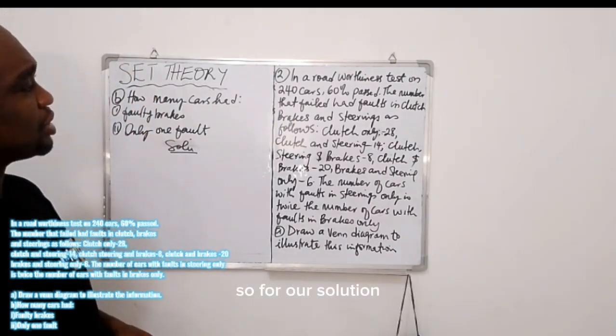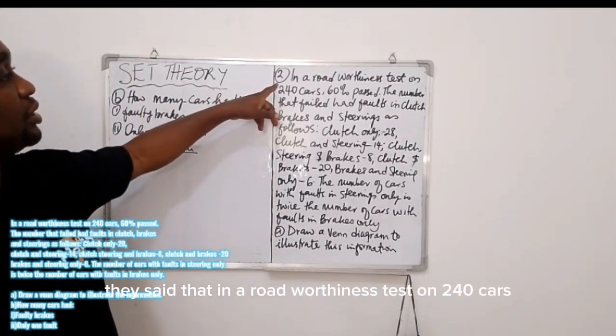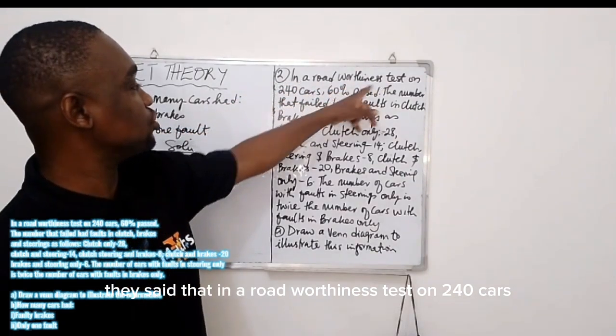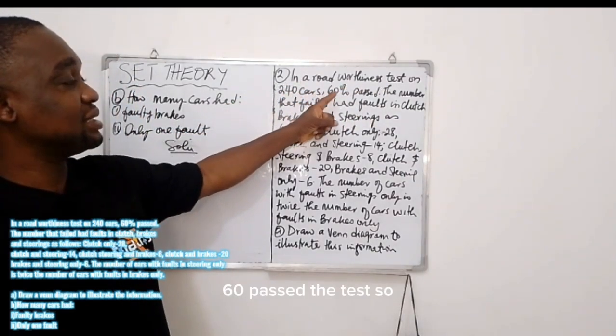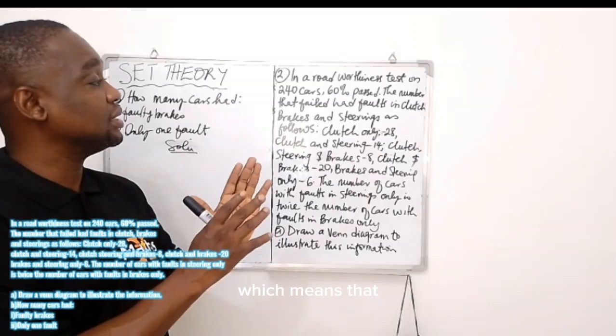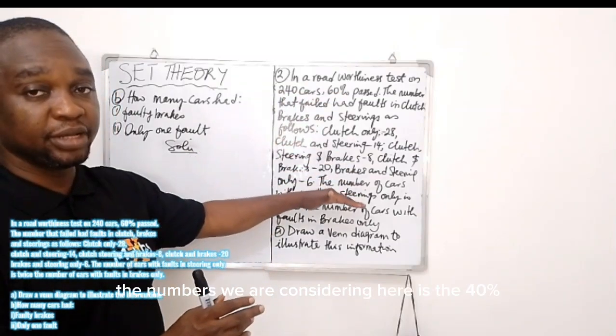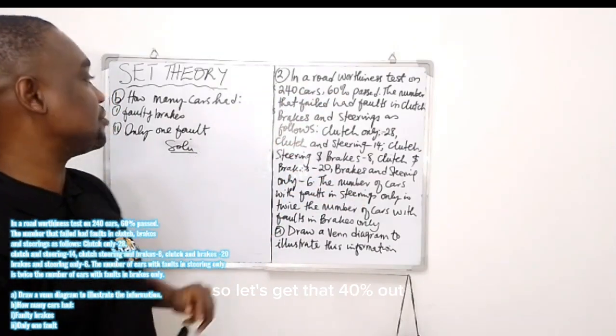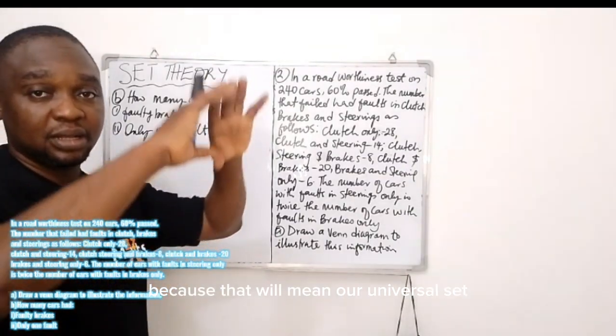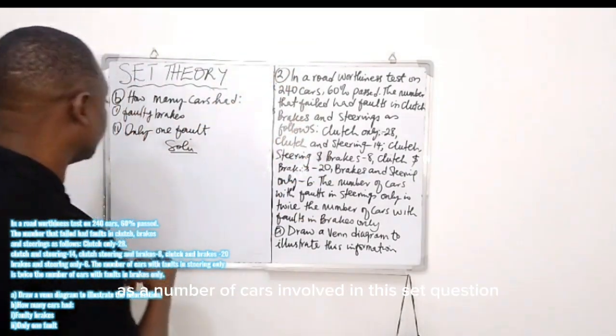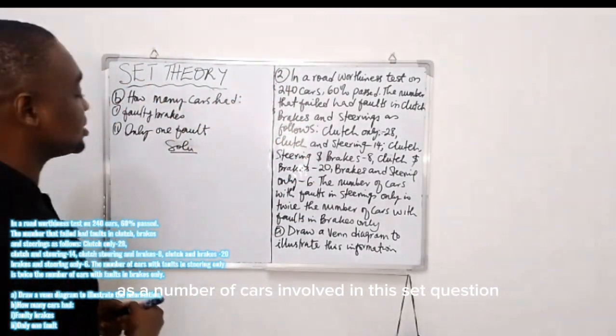So for our solution, they said that in a roadworthiness test on 240 cars, 60% passed the test. Which means that the numbers we are considering here is the 40%. So let's get that 40% out, because that will be our universal set, the number of cars involved in this set question.